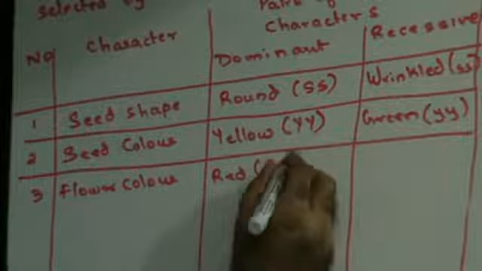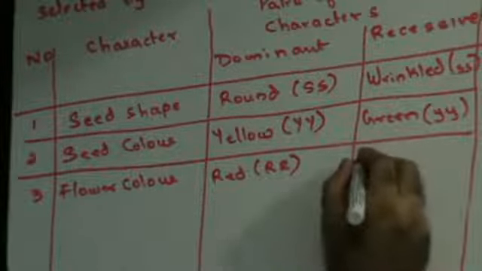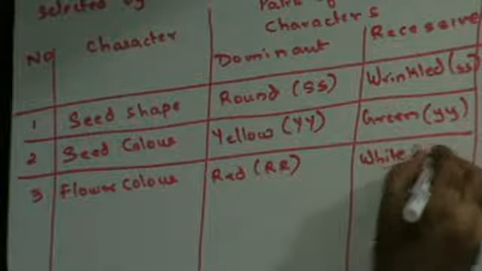Third character was flower color. Red is my phenotype, genotype is RR, and white, that is small rr.